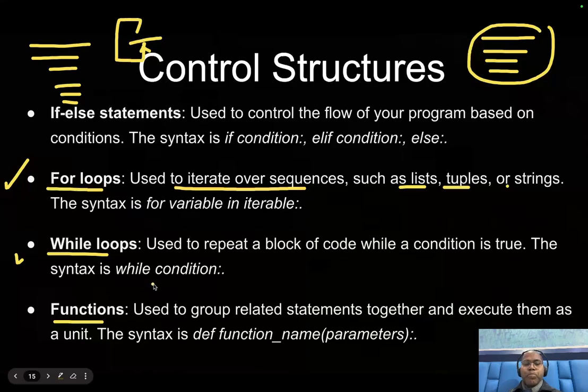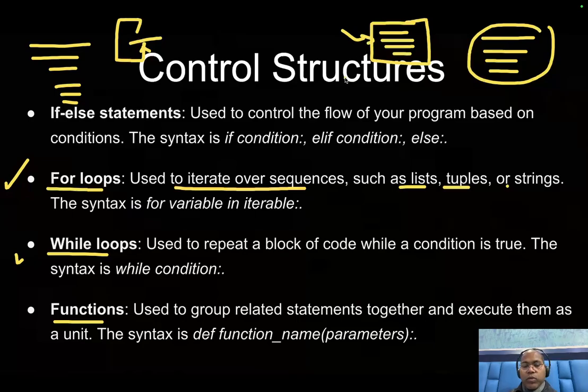And then functions. Sometimes it is not one statement but different statements that you write to complete your business logic. Those are known as a function. We're going to talk about how to define a function. Generally functions have def, function name, and parameter list.